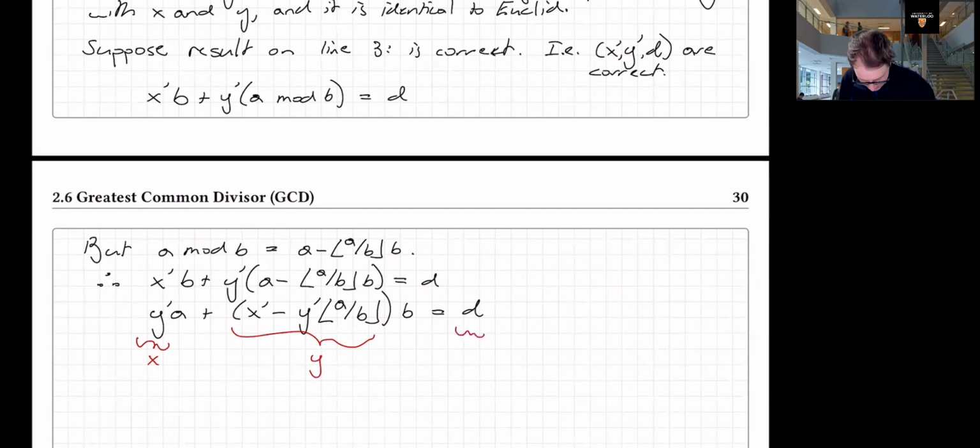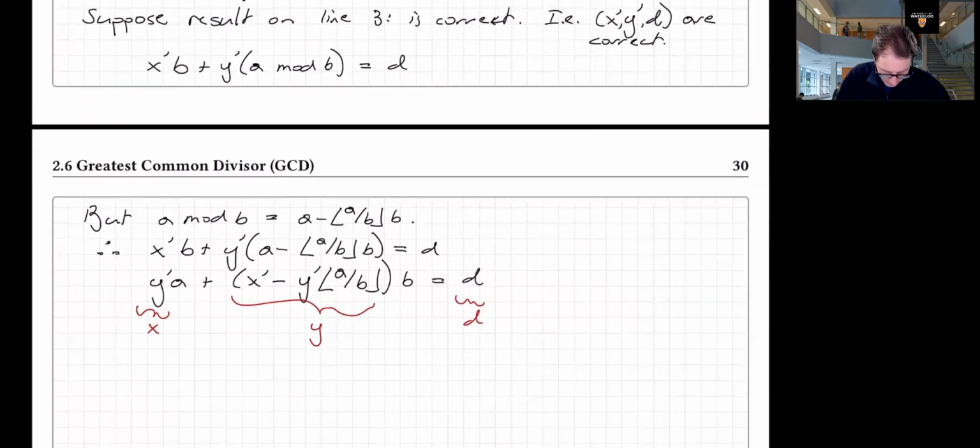And this is my D. And then I have it written as AX plus BY equals D.